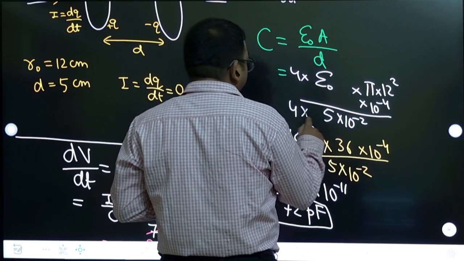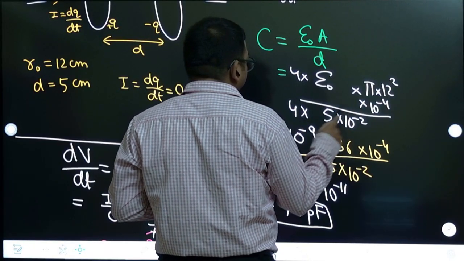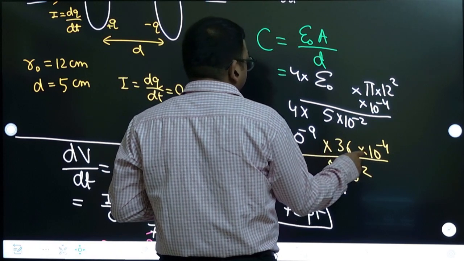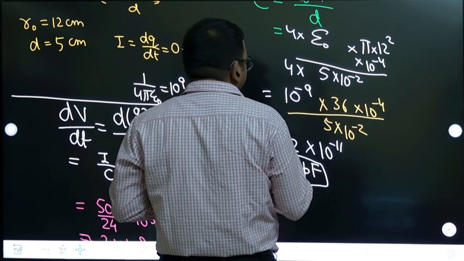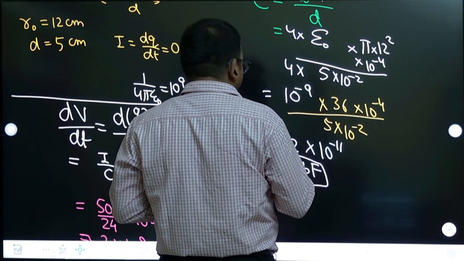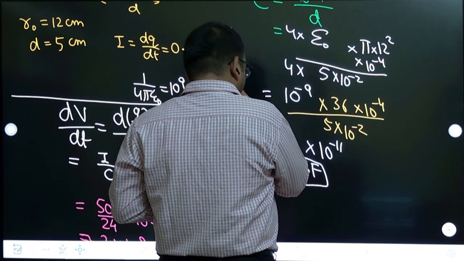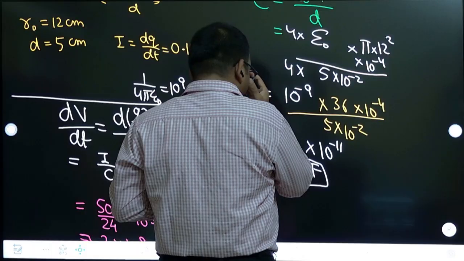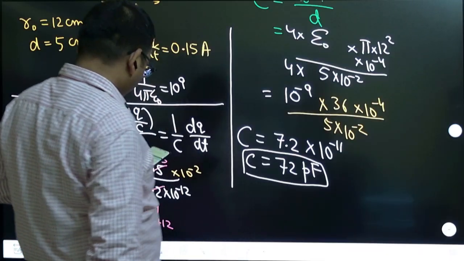Then this I am keeping, and 12 square by 4 means 12 square by 2 square, 12 by 2 is 6, square, 36. 10 to the power minus 4. Then 36 by 5 is how much? Correct or not? 5 into 7, 35.2. This is only what we are getting. Check this calculation. Any mistake is there?